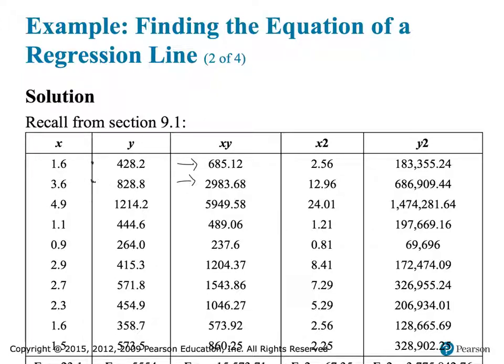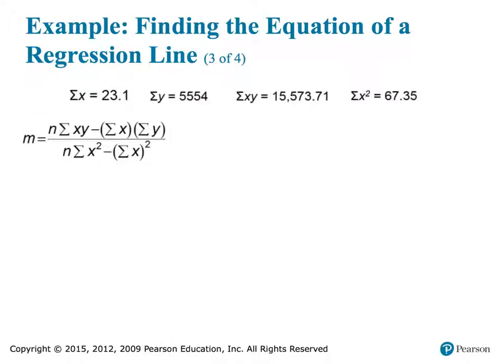That's the sum of our x, y's. We need to get the sum of our x squareds. So for instance, this 2.56 is just taking the value of x and squaring it. The 12.96 is just taking its value of x, 3.6, and squaring it, and so on. And then we need to get the sum of the y squareds. So I did for you here, and these are all my sums displayed here at the top.